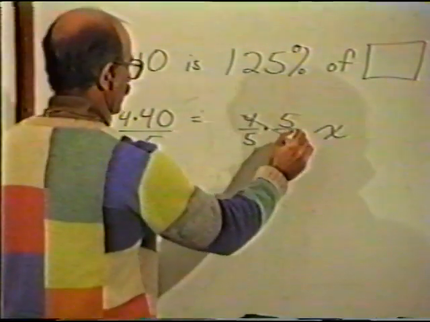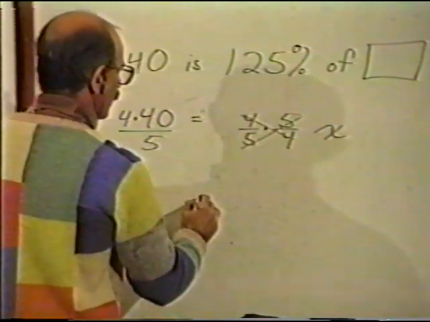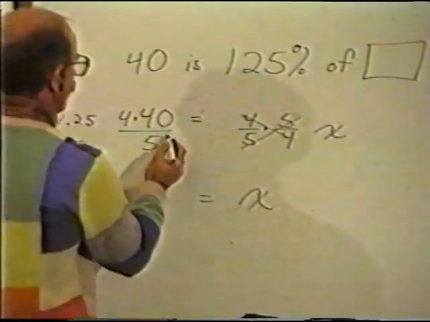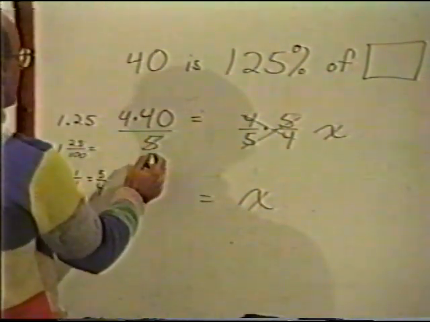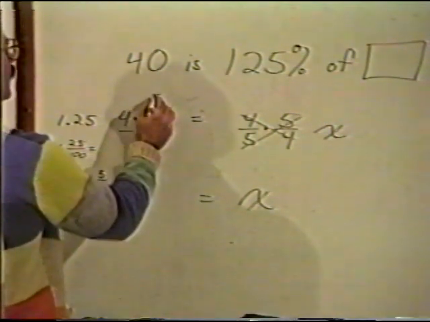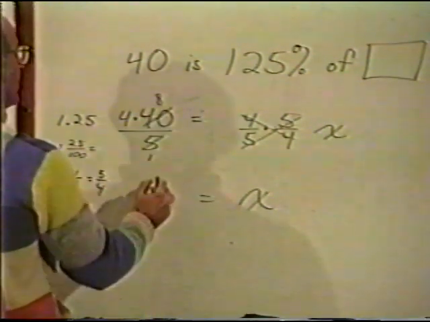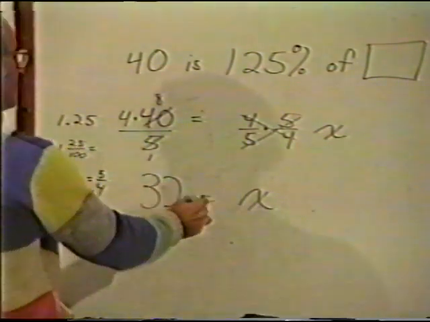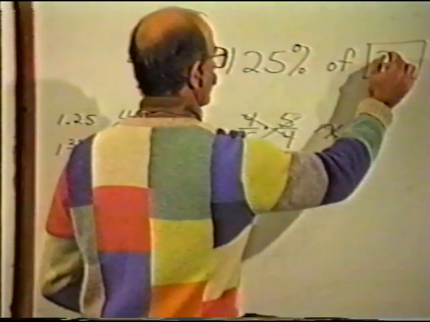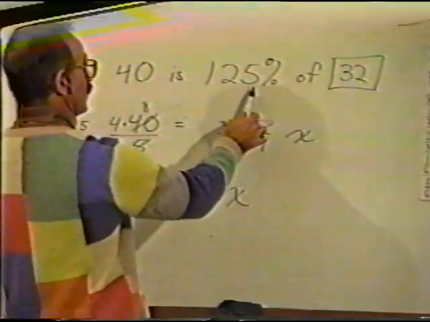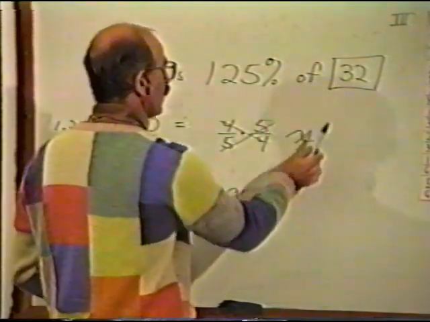These cancel away, leaving us just plain x. 5 into 5 is 1. 5 into 40 is 8. 4 times 8, 32. 32 equals x.